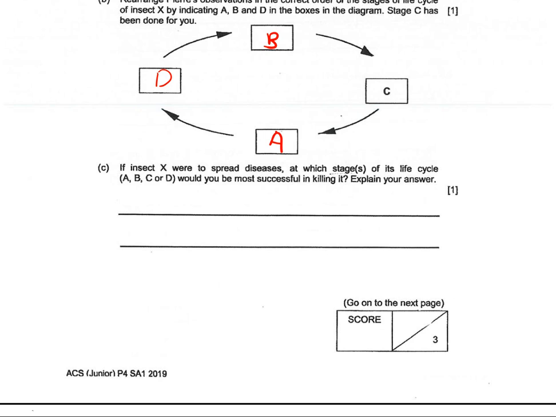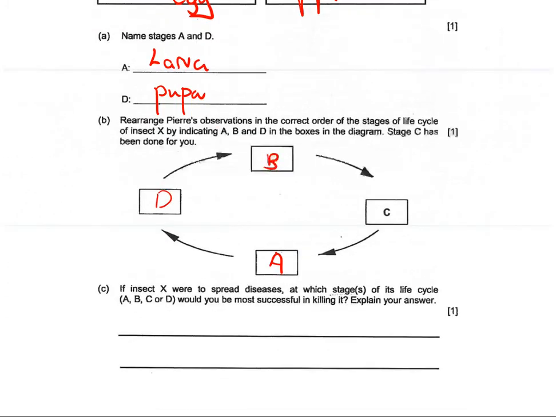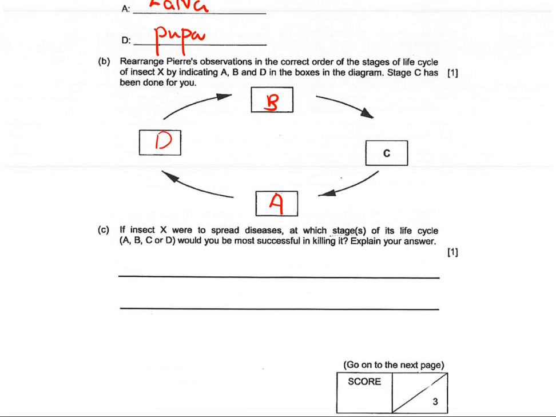At which stages of its life cycle, A, B, C, or D, will we be most successful in killing it? So obviously you don't want to kill the insect when it's already in its adult stage, right? So B is definitely out. Okay. So the answer would be stages C, A, D. Okay.